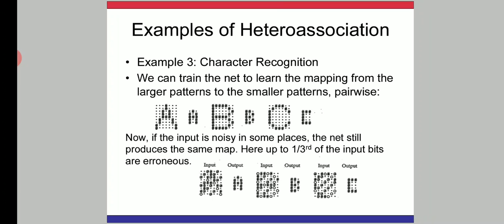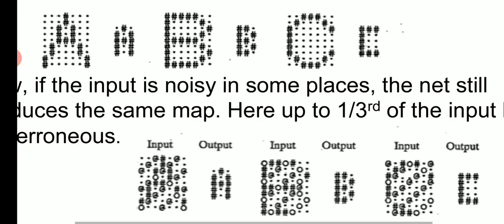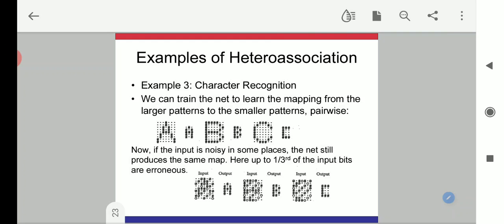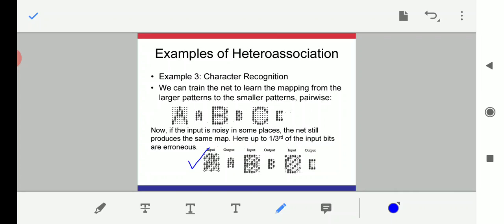Okay, so capital A, capital B, capital C, their larger version and their smaller version. এইবার if my input pattern is noisy, এখানে দেখতে পাচ্ছি যে yes, this input pattern is not actually like this, so it is noisy, but still it compares this input pattern with the stored patterns, and the highest similarity is with this one, so it correctly gives you the proper output pattern.